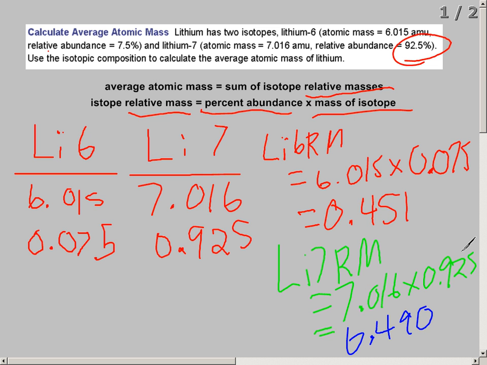So now we have a relative mass for both isotopes, and all we've got to do is take the sum.